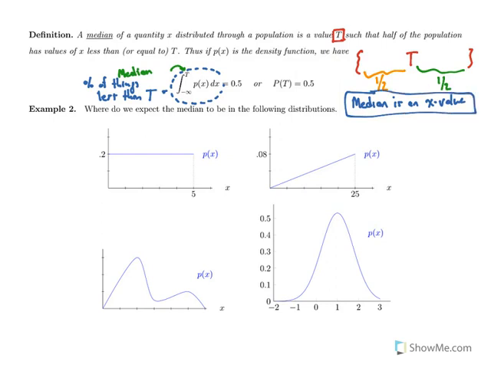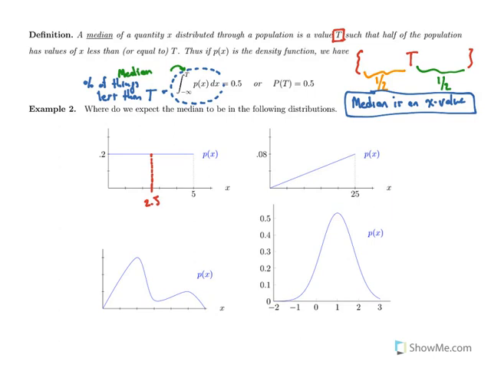So we're looking for a median in this first example. We're looking for some x value that's going to represent the middle of our distribution. In this first graph, the middle is just going to be the very middle x value. In this case, it would be exactly 2.5, as that's the middle of 0 and 5.